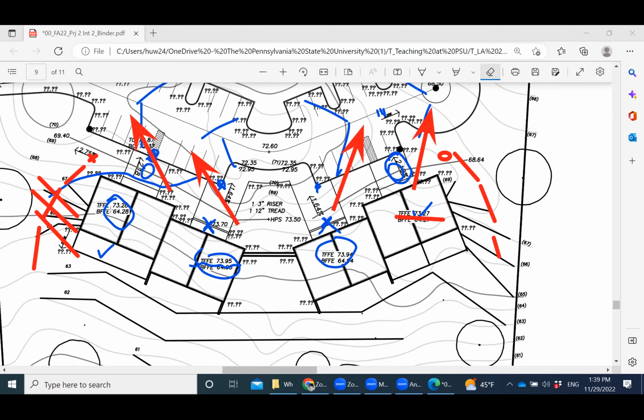You would need steps to get to the top FFE equal to 73.28. And let's remove the steps in front of the second and the third house to make them accessible by wheelchair. That will require you to lower the TFFE of the second house and the third house. Sounds good to me. Thank you.